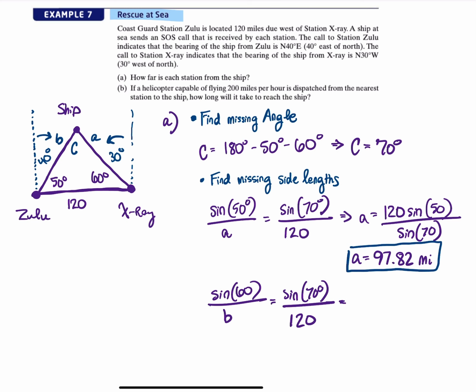So rearranging this, we get that b is equal to 120 times the sine of 60 over the sine of 70.